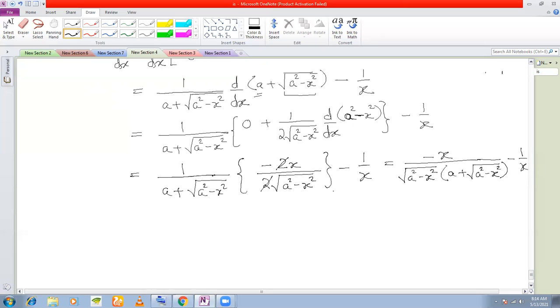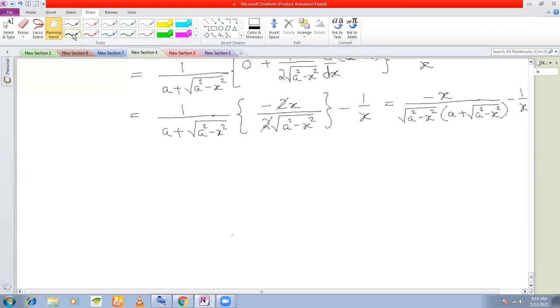Fine. Now we take the LCM. Yes, sir. Multiplication of both the denominators will give you the LCM. And so that now in the numerator, what do you get?